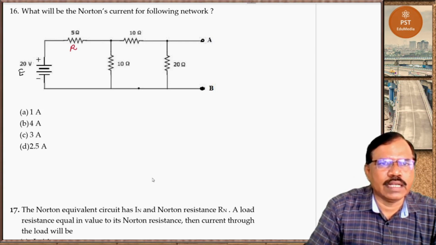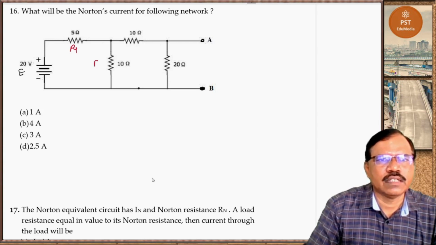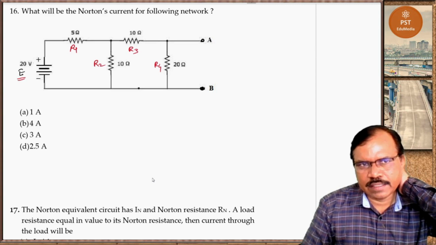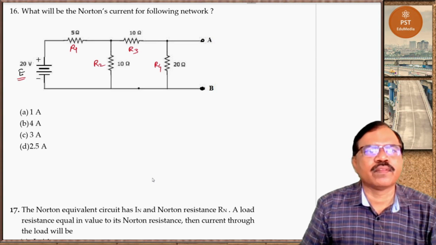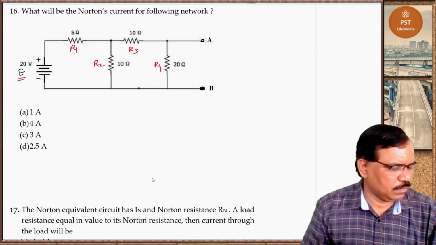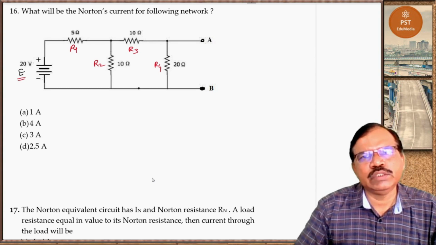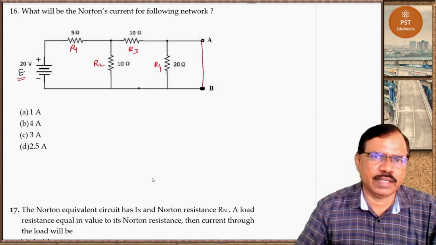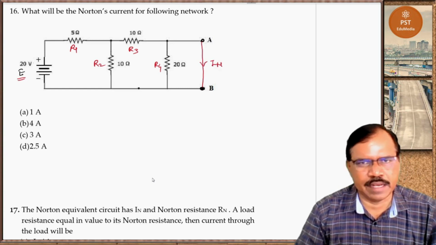Let us call these R1 resistance, R2 resistance, R3 resistance, R4 resistance, and battery of EMF E. And we have to find the Norton current. So we short terminals AB, and whatever current flows through the short, that is IN.